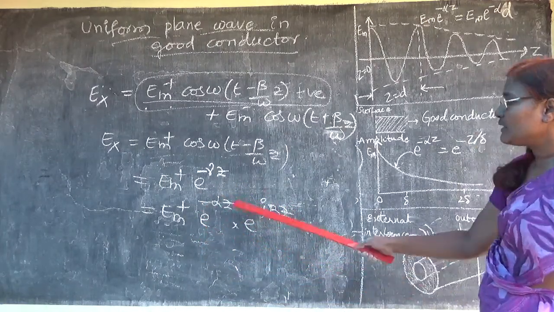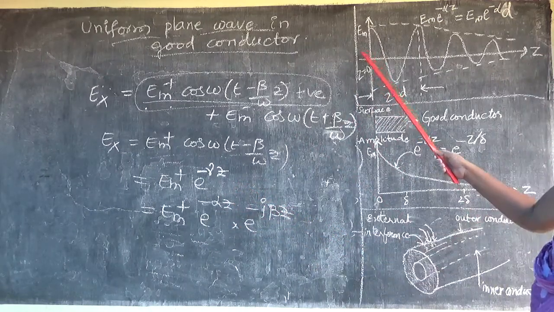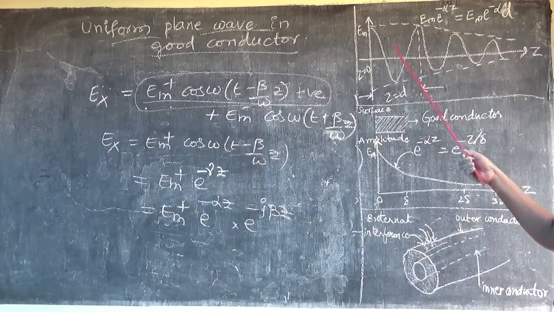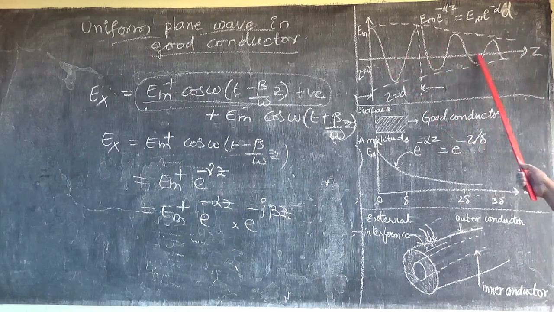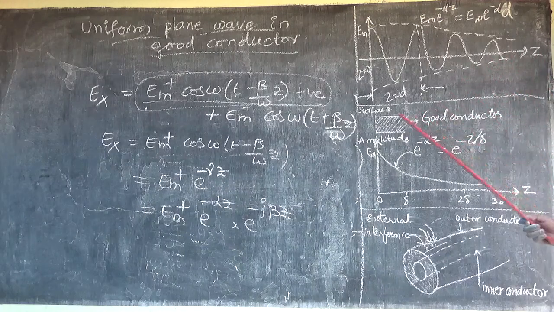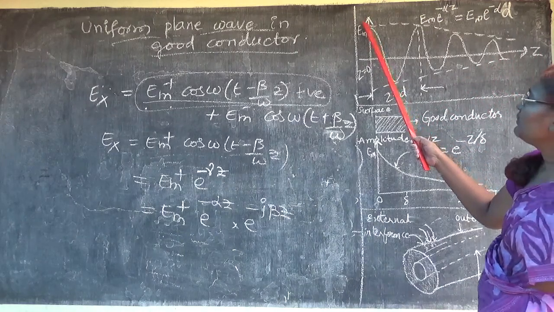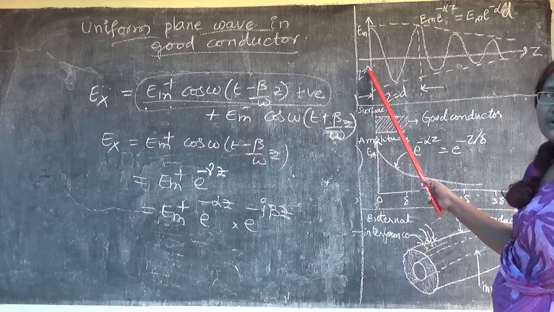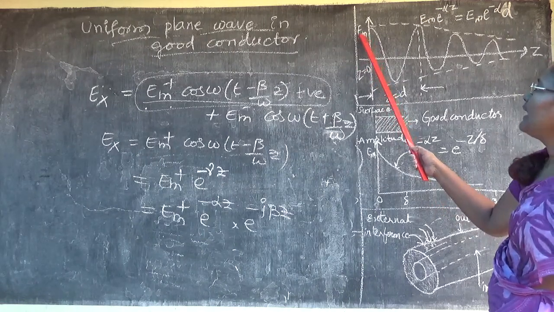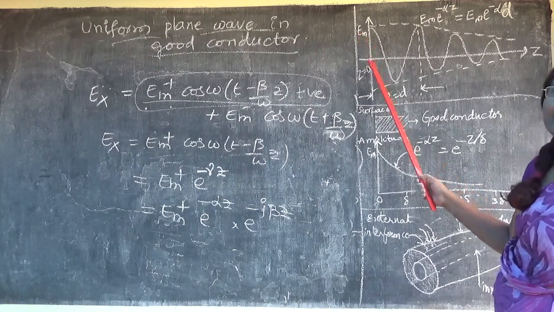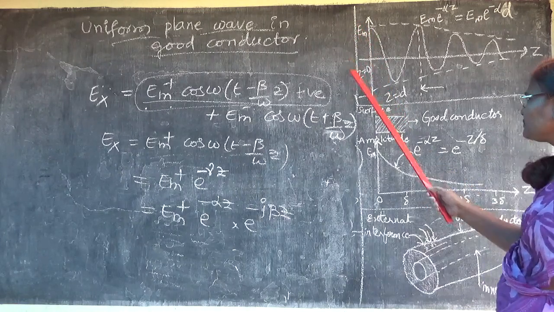Now you should remember that. Here I have taken a wave. So how will this wave travel along a medium along the direction of z? First of all, at z equal to 0, at the starting point of the medium, the maximum amplitude Em will be there.